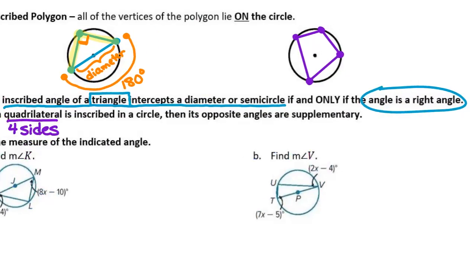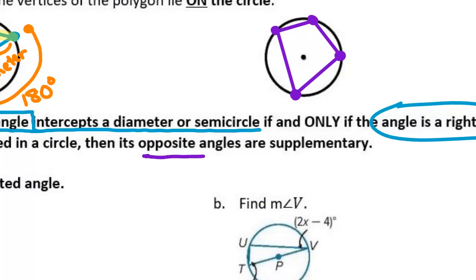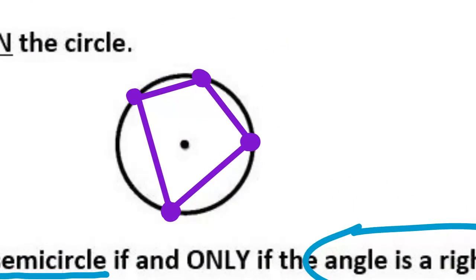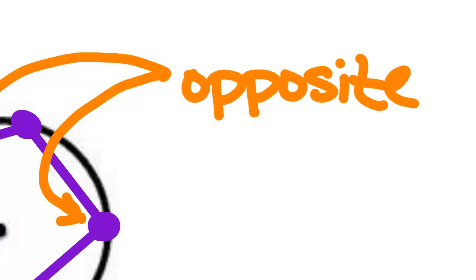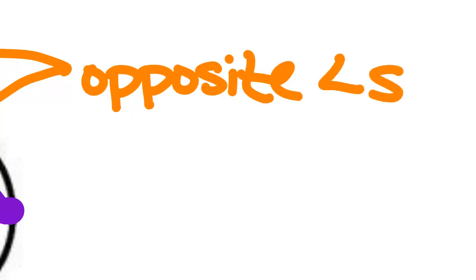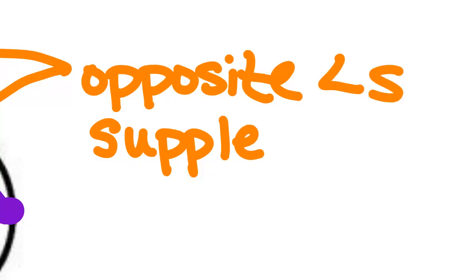When I have a 4-sided shape inscribed in a circle, the opposite angles are supplementary. So this angle here and this angle here, for example. Opposite angles are supplementary.